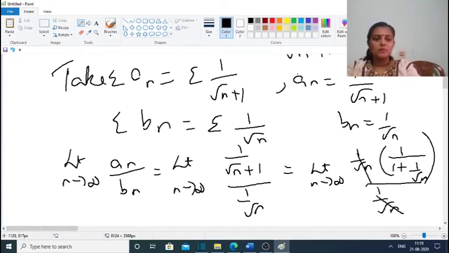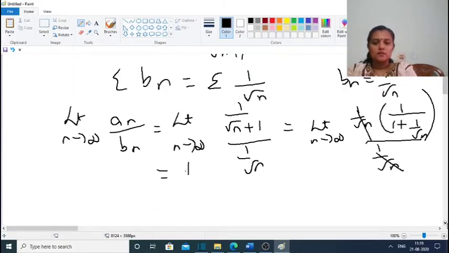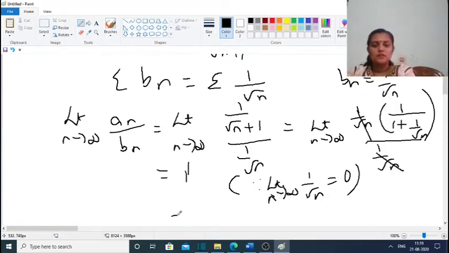So this 1 by root n cancels, and as n tends to infinity, 1 by root n becomes 0. So this value will be 1. Since the limit of 1 by root n is 0, we got 1, which is a positive number.